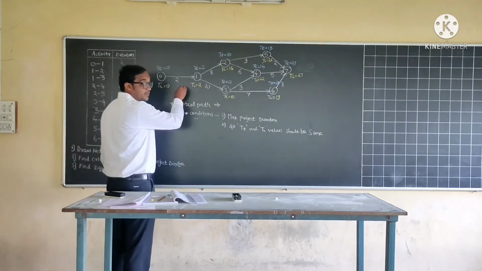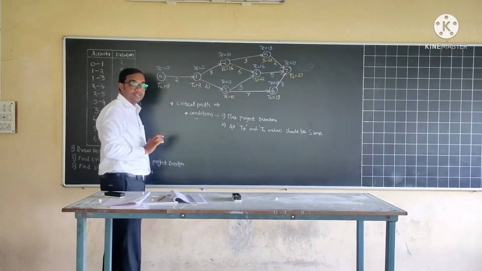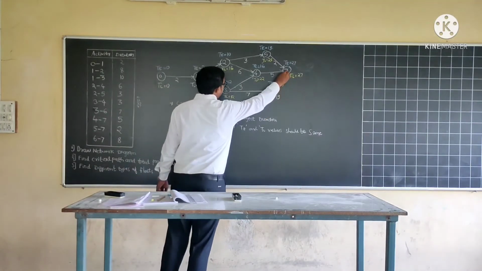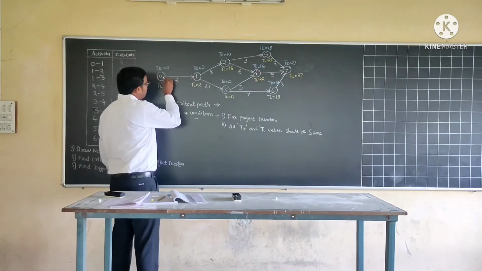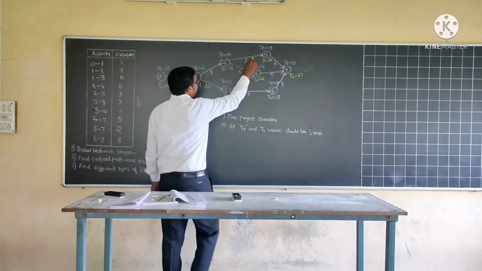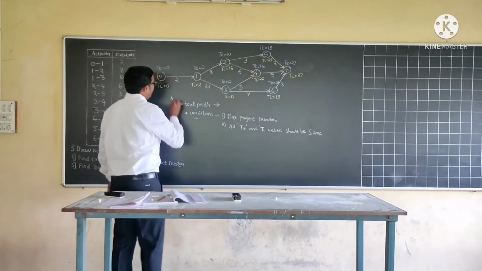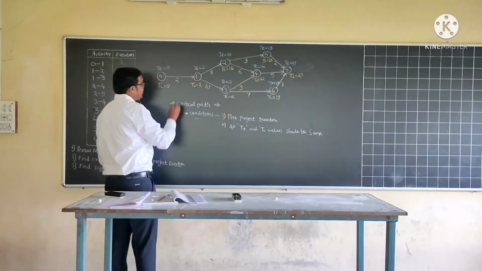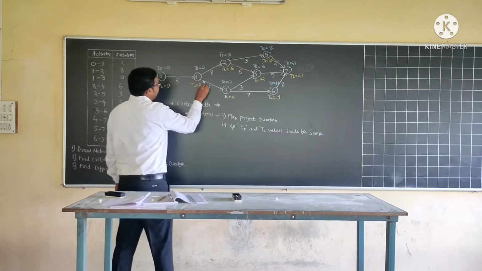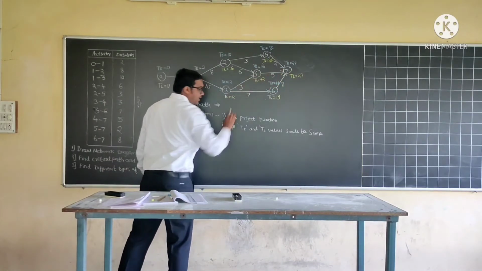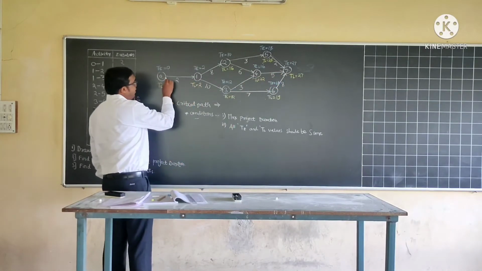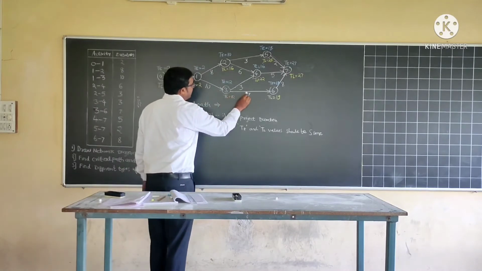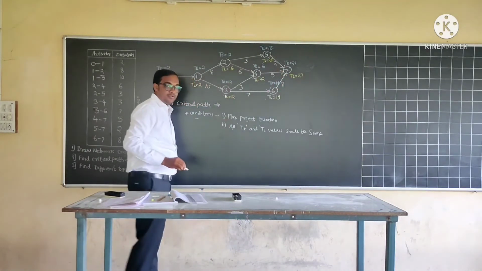In this network diagram, we have 4 ways to reach the final event, that is event number 7. We can go from this way, from this way, the third route is there, and finally we can go from this way also.